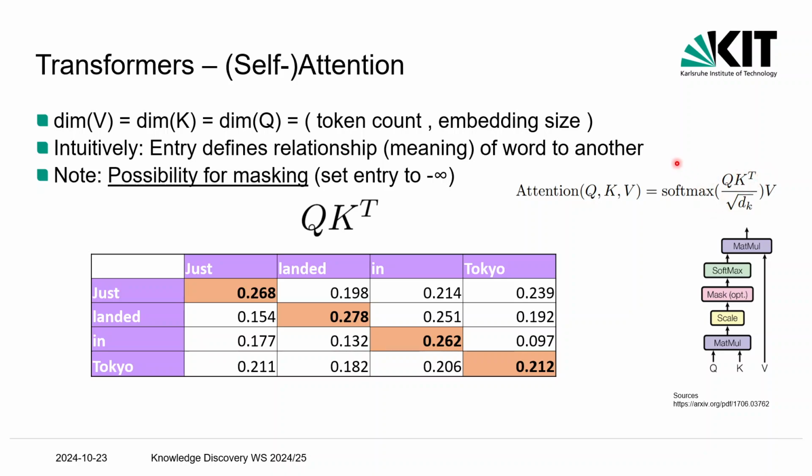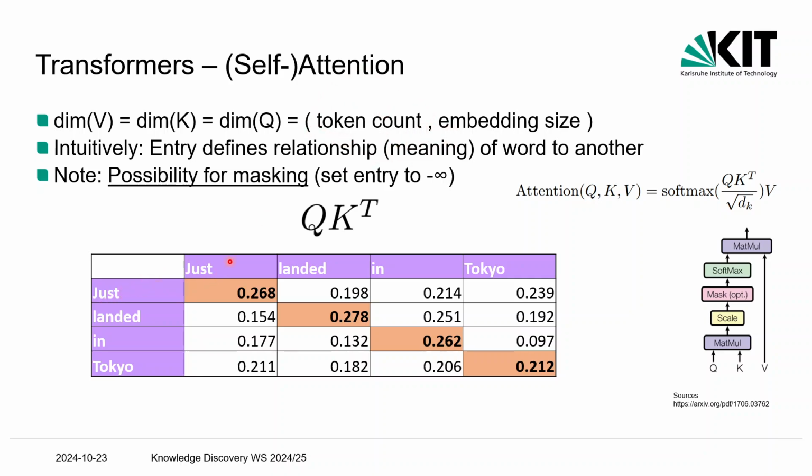Intuitively, we here have an entry in each part that will define the relationship between one word to another, between actually all the words within the other words. Because we started with token count by embedding size, and then use the transpose, which will be embedding size by token count dimension-wise, we end up with a token count by token count matrix.